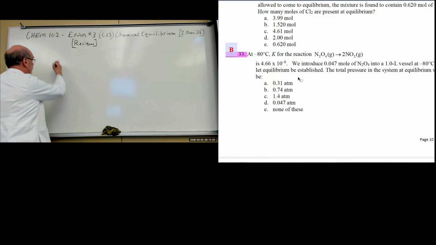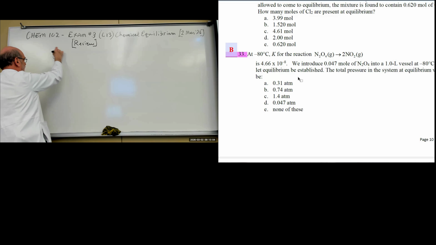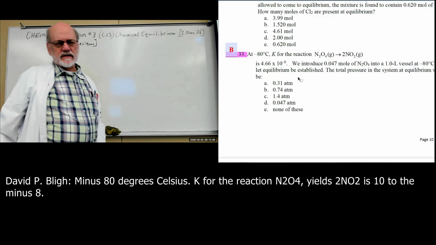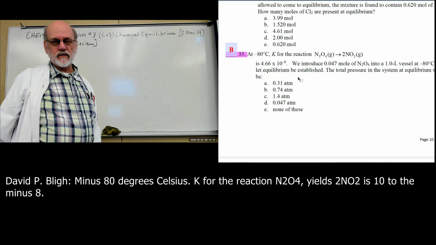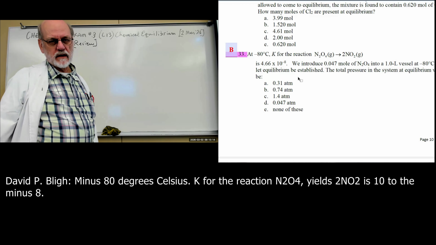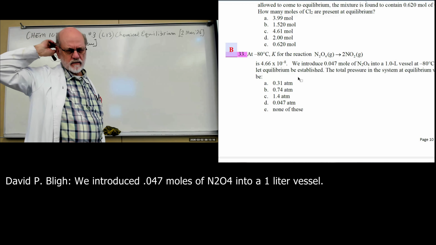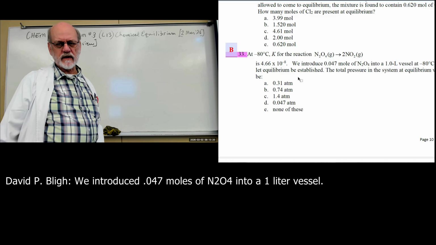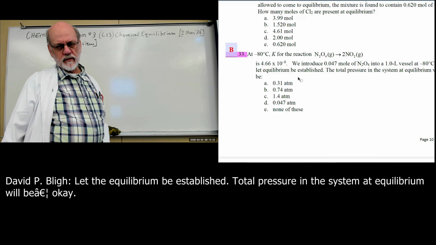All right, 33. At minus 80 degrees Celsius, K for the reaction N2O4 yields 2NO2 is 10 to the minus 8th. We introduce 0.047 moles of N2O4 into a 1 liter vessel and let the equilibrium be established.